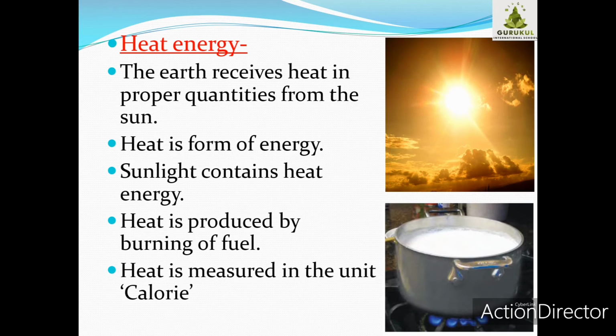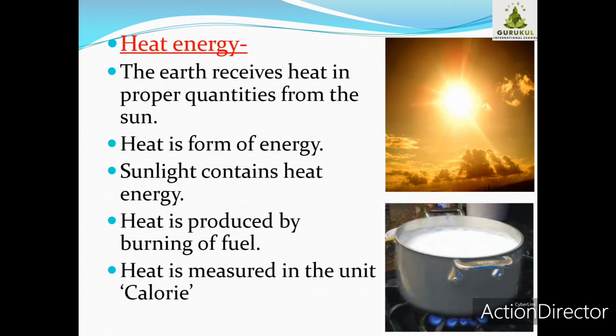Heat can also be produced by burning fuels. Various fuels can be used such as LPG, and even wood can be burned to create heat energy, right? So there are various ways to produce heat. Heat energy is used in the kitchen all the time.